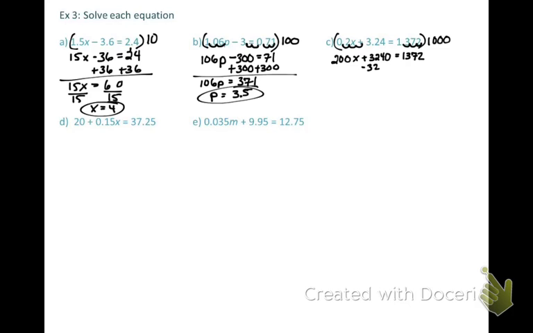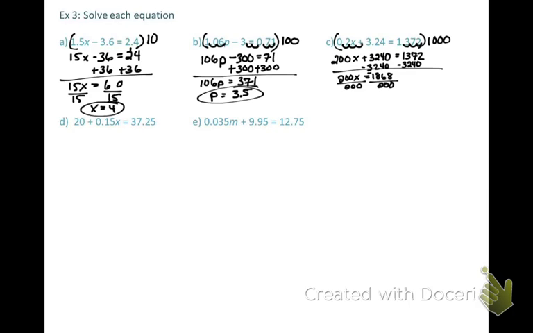Oh, these are big numbers. 200x equals negative 1868 divided by 200.